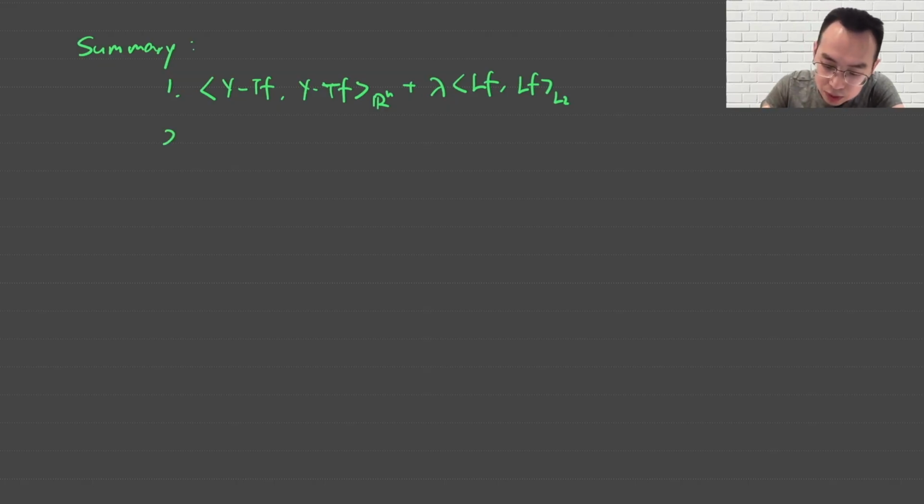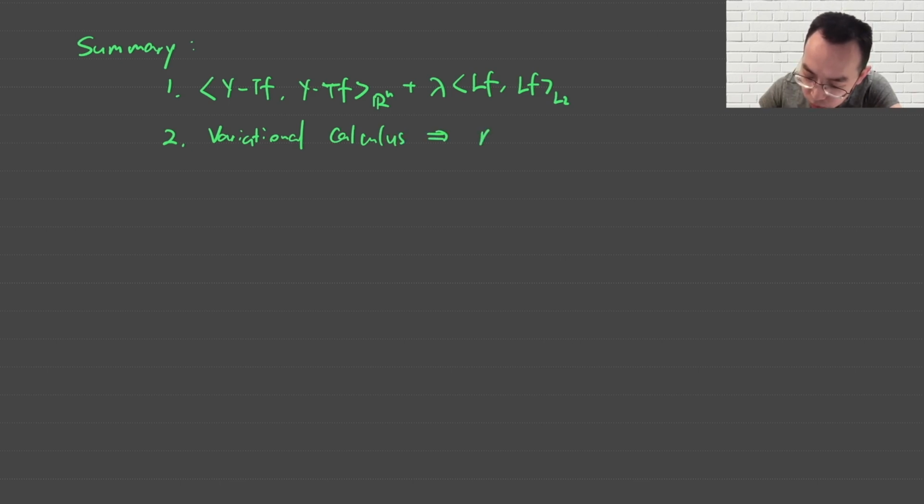And then the next thing is that we obtained the normal equation using variational calculus. But here, a very interesting thing happened: we didn't actually use the integral formula for the L2 norm. This step is completely general.